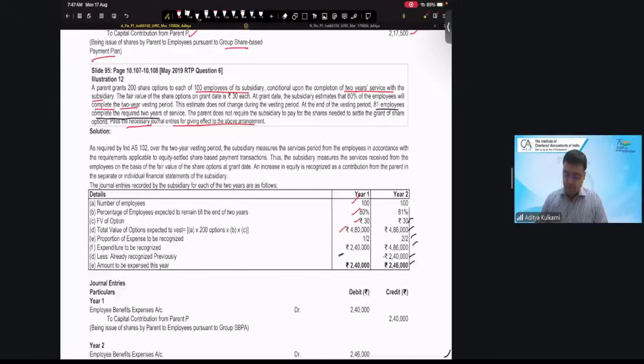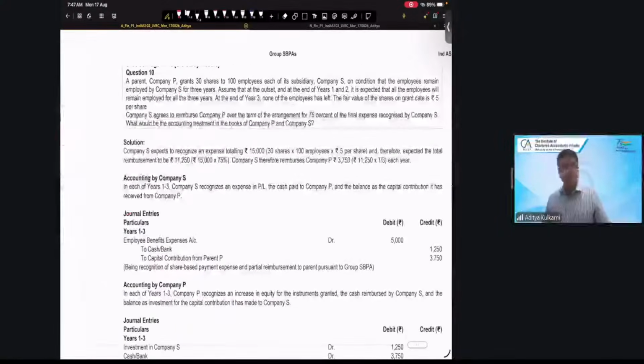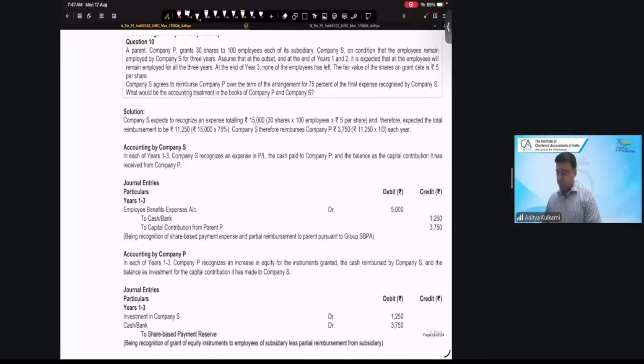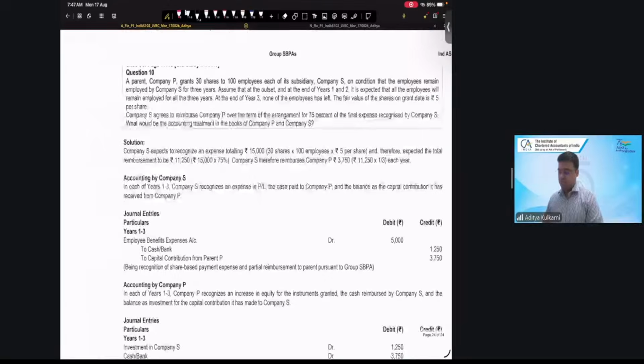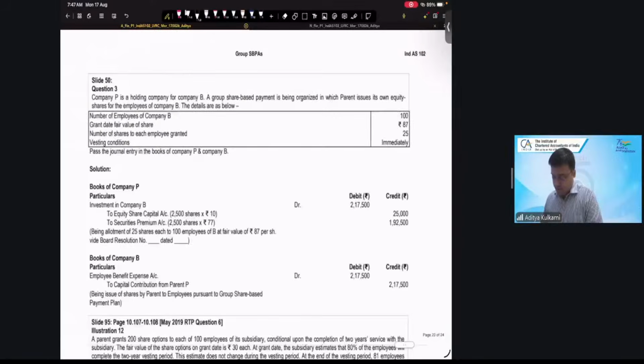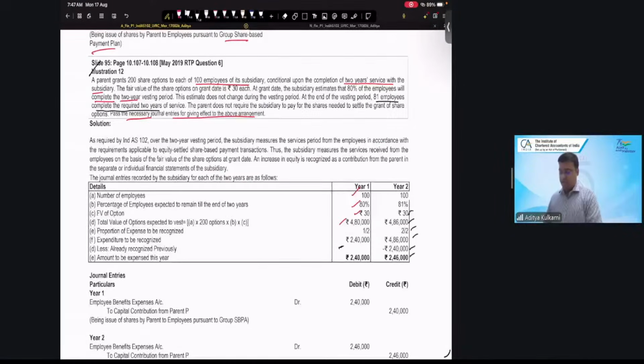So that gives you share-based payment arrangements in a group ecosystem. Next one.